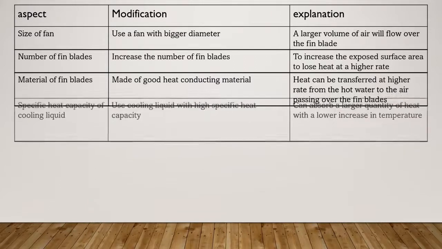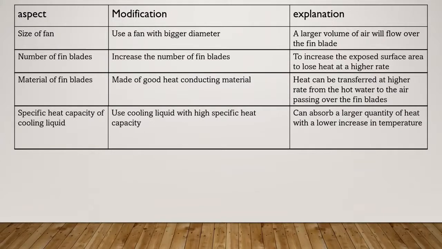Okay, the fourth aspect is specific heat capacity of cooling liquid, muatan haba tentu, cecair penyejuk yang kita nak gunakan tu. Okay, so modification dia ialah use a cooling liquid with high specific heat capacity. Kita gunakan cecair yang mempunyai nilai muatan haba tentu yang tinggi.